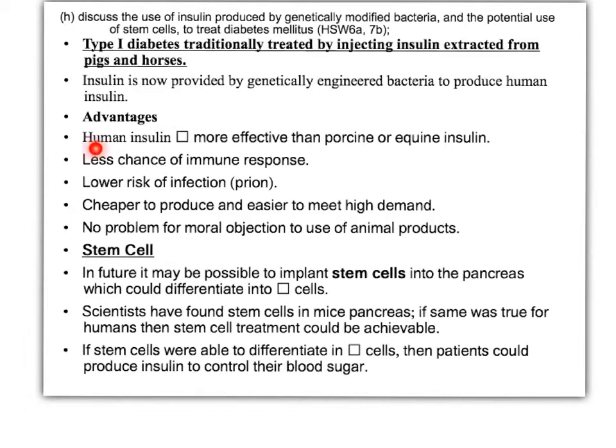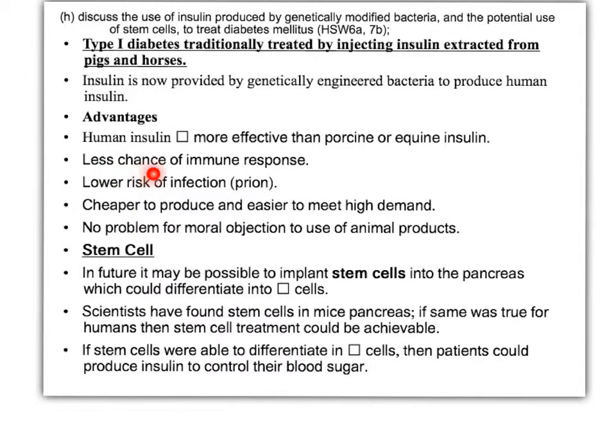So human insulin is far more effective than porcine or equine insulin, porcine being from pigs and equine from horses. It's exactly the same molecule as the insulin your beta cells would produce, and therefore it fits the cell surface receptors more effectively, and it seems to work more quickly as well than either porcine or equine insulin.